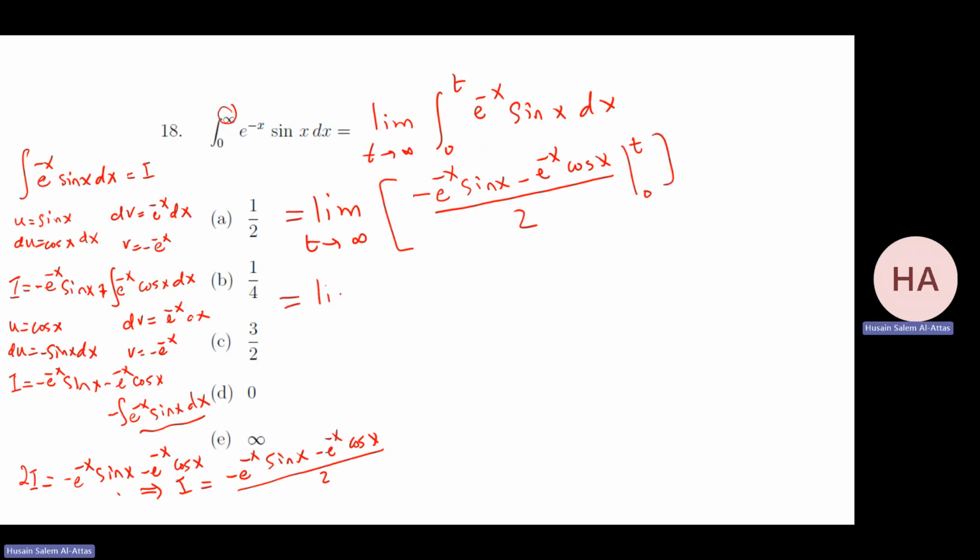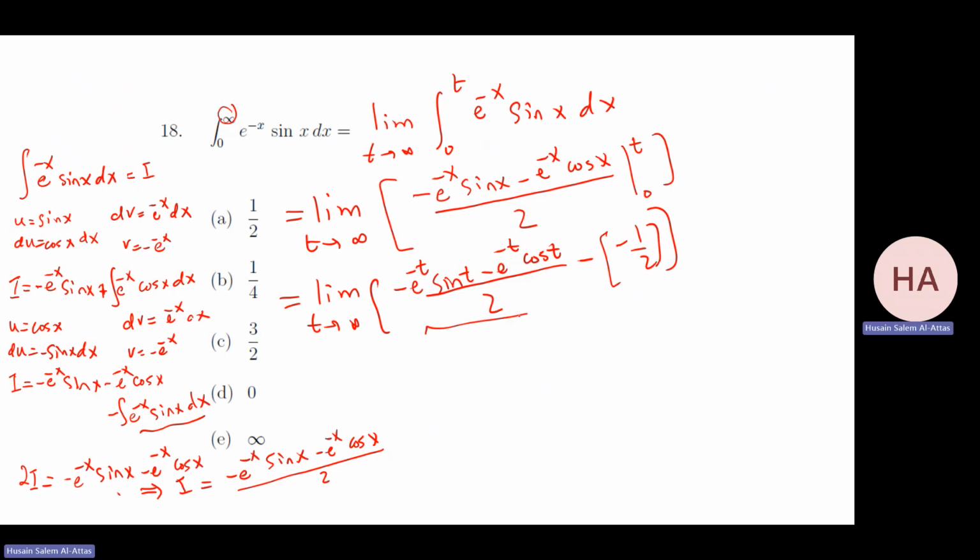That will be the limit as t goes to infinity of minus e to the minus t sine t minus e to the minus t cosine t over 2, minus: sine 0 is 0, but cosine 0 is 1. That will be minus 1 over 2.